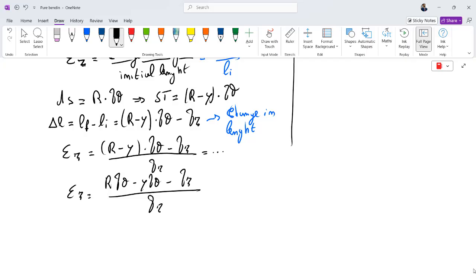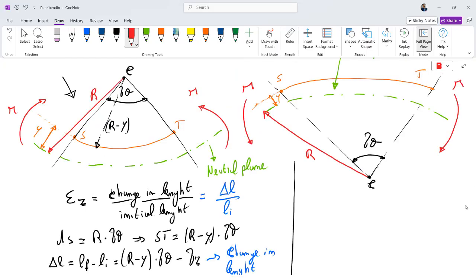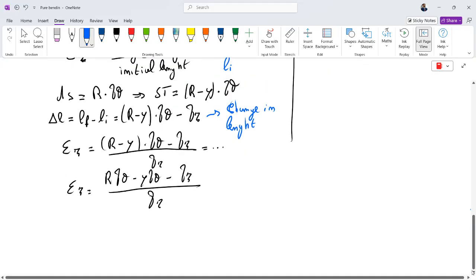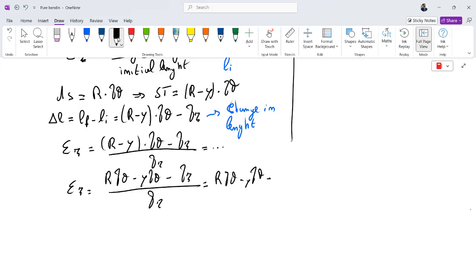But the length dz, our delta z in this case, is equal to radius times delta theta. So I can write r d theta minus y d theta, minus r d theta, divided by r d theta.